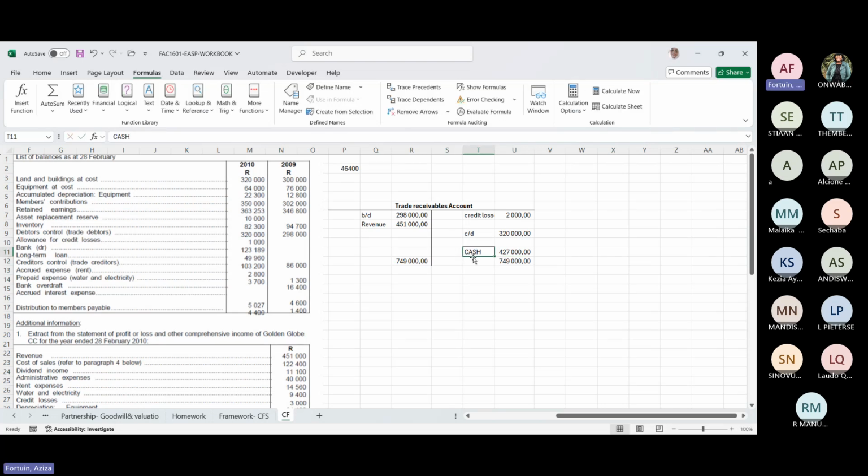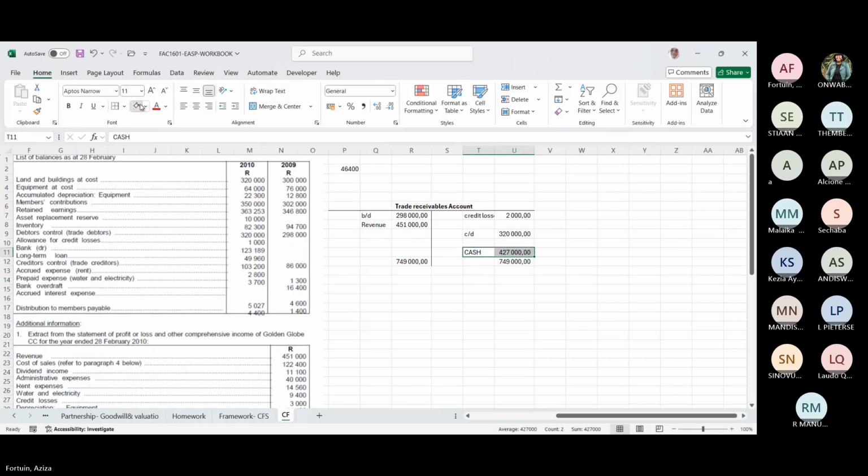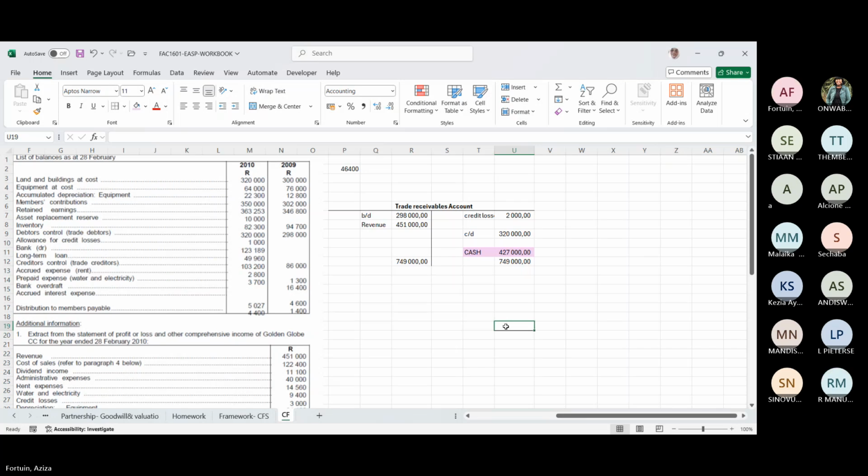So that's the number that we're looking for. Any questions on this? You have to draw up T accounts. Any questions? Where did you go wrong, DC? Where did you go wrong?